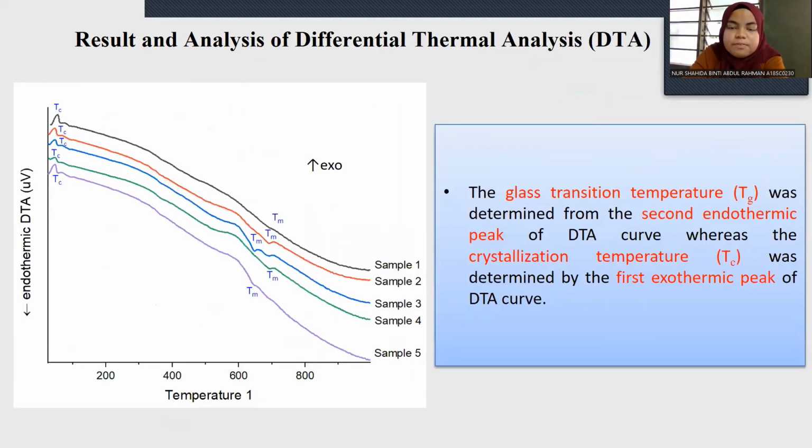From the differential thermal analysis, the glass transition temperature was determined from the second endothermic peak, whereas the crystallization temperature was determined by the first exothermic peak of the DTA curve.